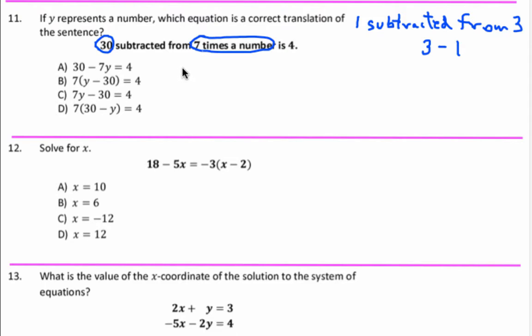Now, looking at the choices, you see the letter is going to be y here, and they also tell you in the question to use y as the variable, a number. So we're going to say 7 times a number, 7y, minus 30 equals 4. So that corresponds to choice C.